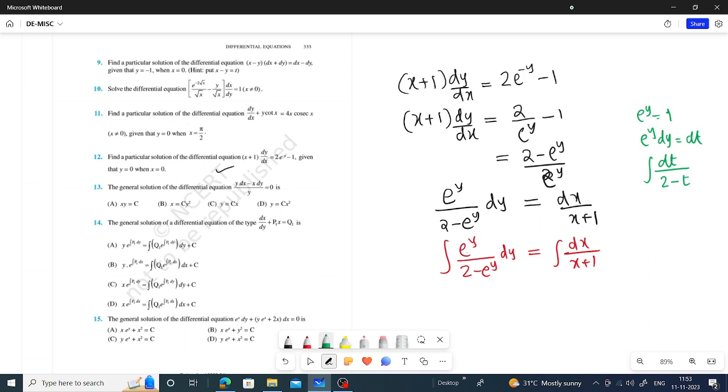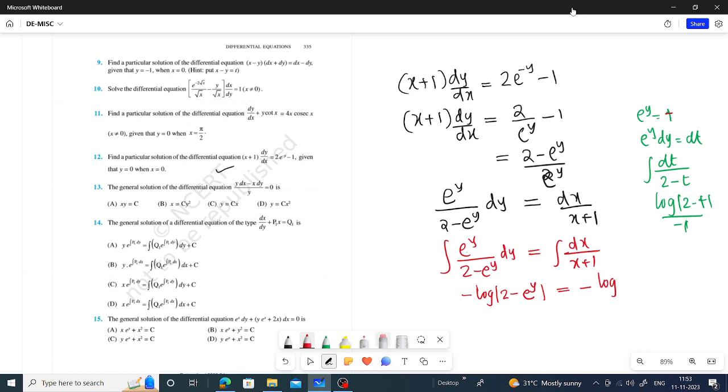So the answer is the logarithm of 2 minus t divided by minus 1, because of this minus 1. So the answer of this left hand side is logarithm of 2 minus e raised to y, that is what t is, divided by minus 1.